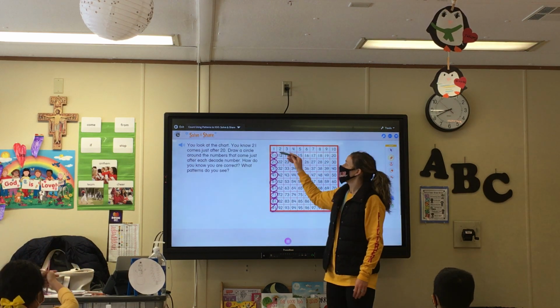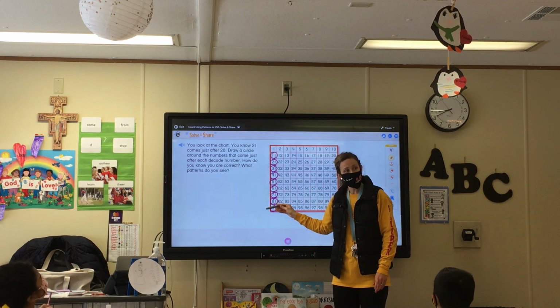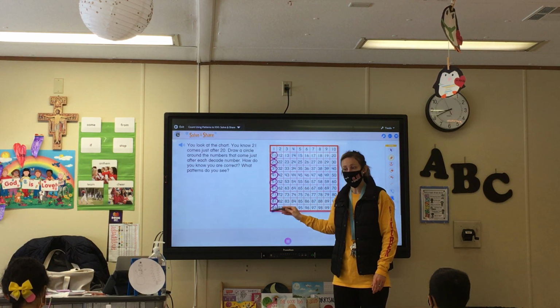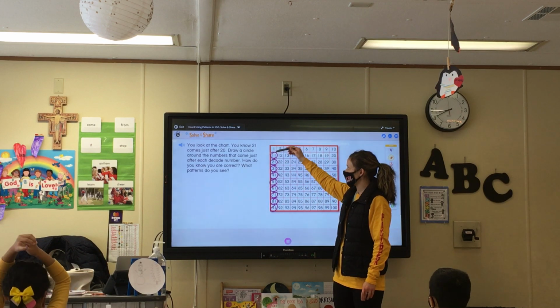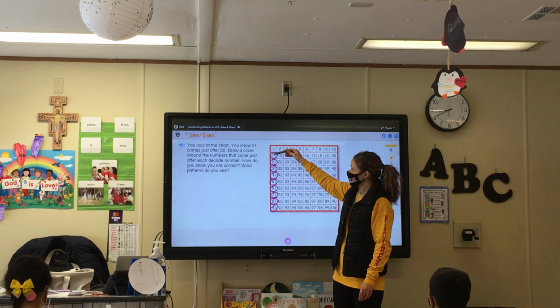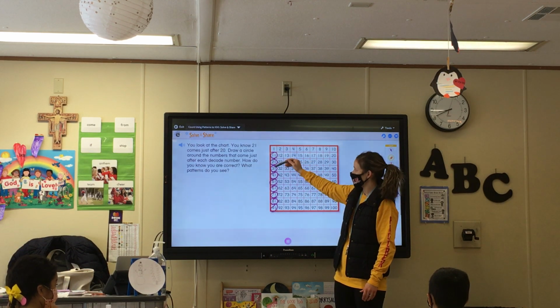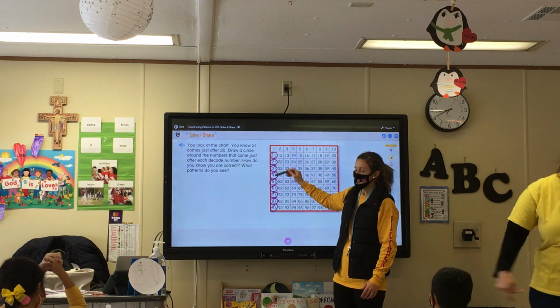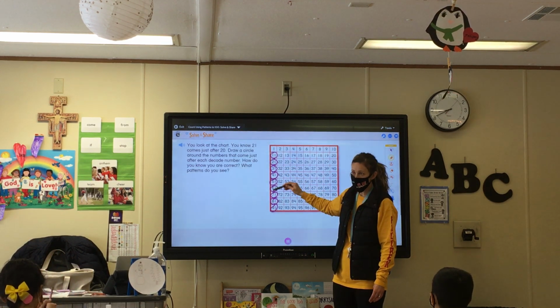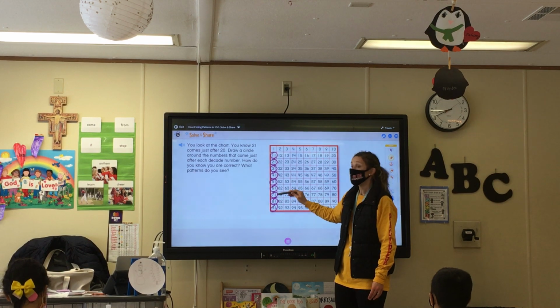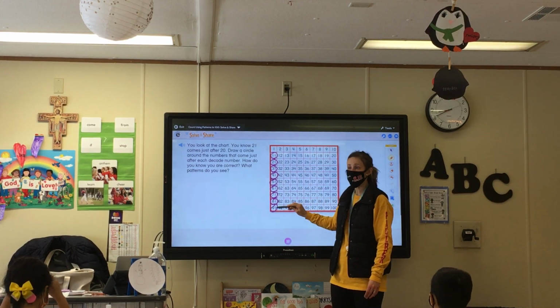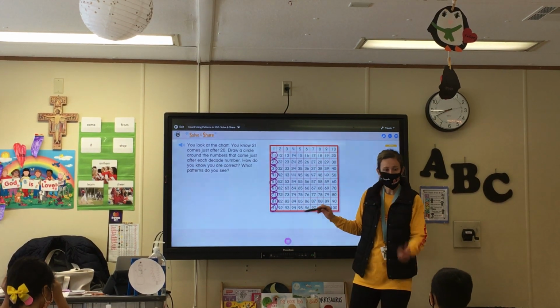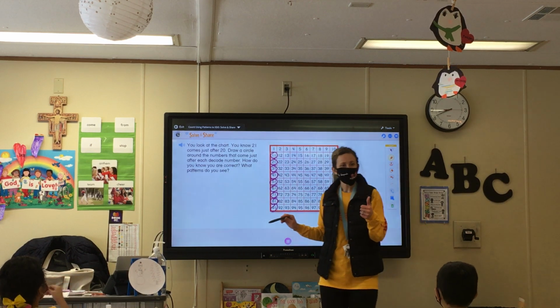So all these numbers in this column end with a 1. We circled 11, 21, 31, 41, 51, 61, 71, 81, 91. Okay, everyone's got it? What do you need, Jenna?